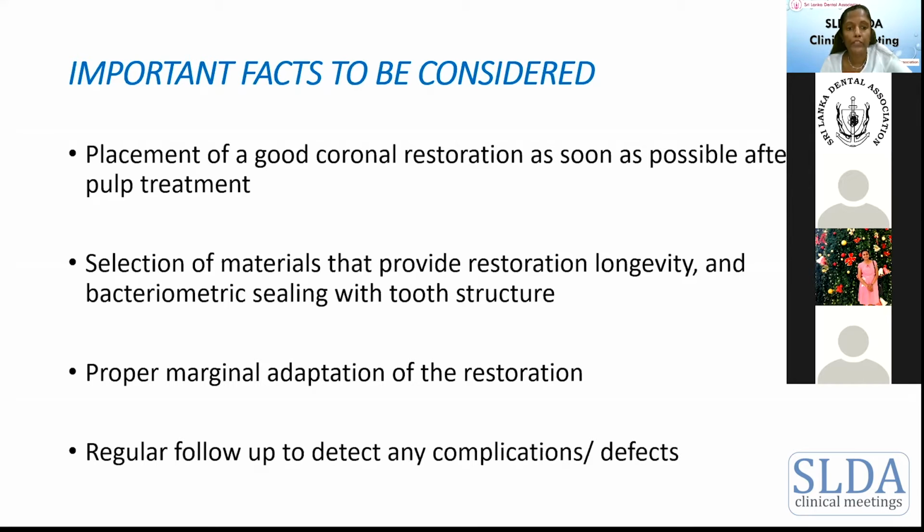Proper marginal adaptation of the restoration is also very important. Sometimes, although you have done the composite restoration, if the composite adaptation to the remaining tooth tissue is not in intimate contact, there can be bacterial microleakage. Also, regular follow-up to detect any complications and any defects in your coronal restoration is very important after vital pulp therapy procedures.